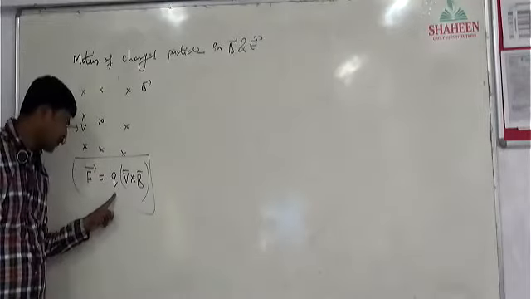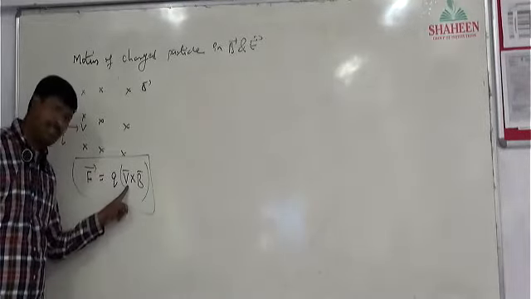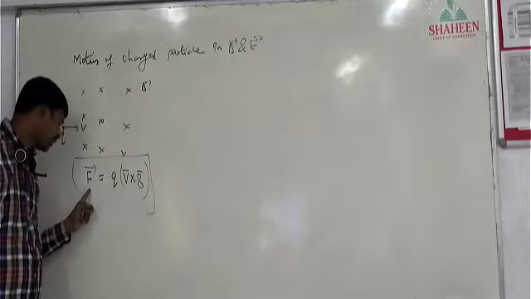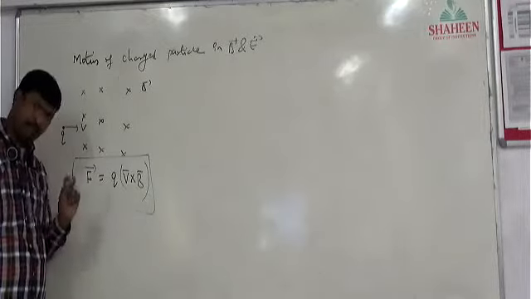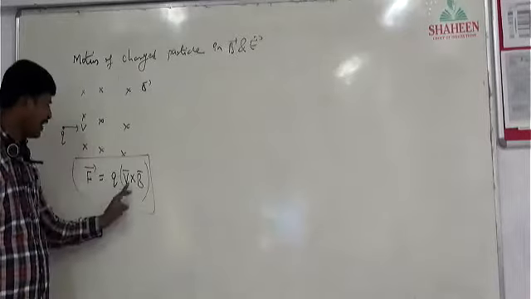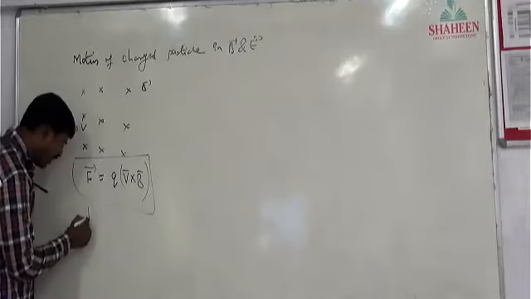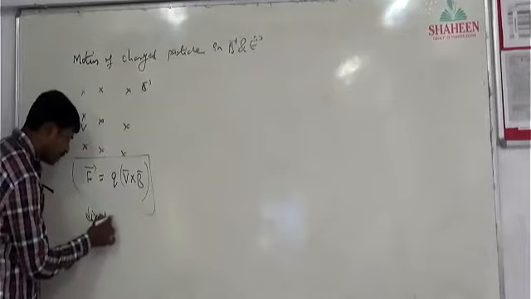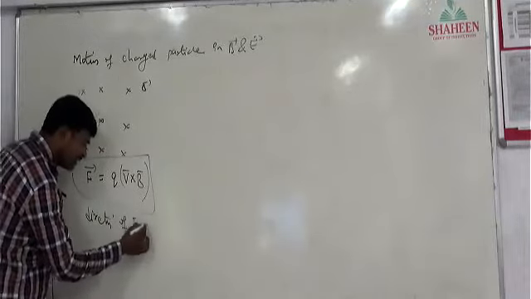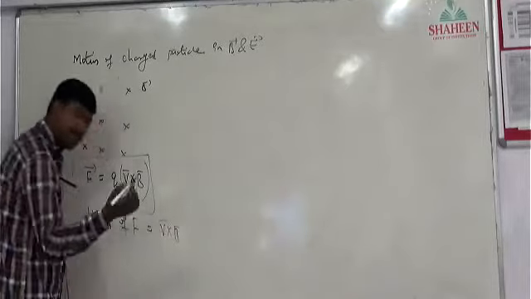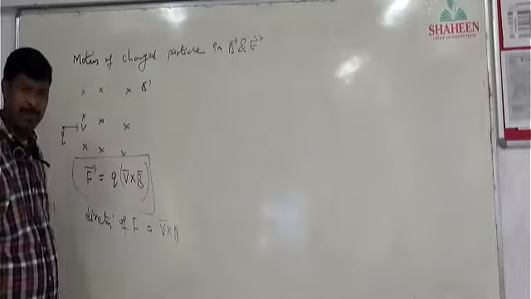A charge Q entering with velocity v into a magnetic field of strength B experiences this force. The direction of F is given by v bar cross B bar.